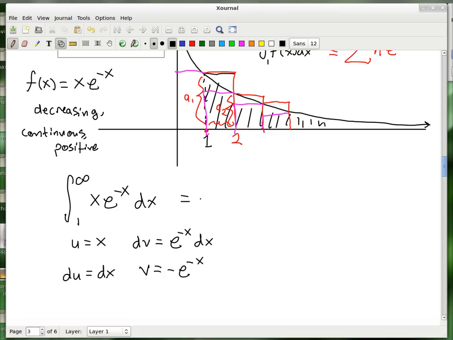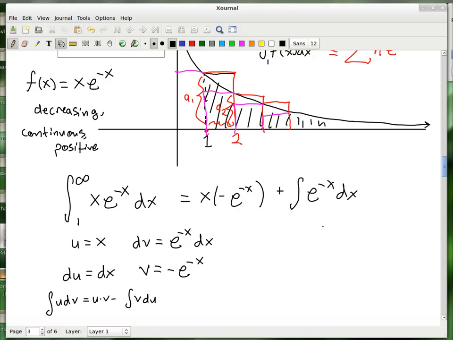Alright, so using the integration by parts formula, which is the integral of u dv equals u times v minus the integral of v du. Okay, so plugging everything in here, this is x times minus e to the minus x. And what else? So now I've got minus becomes a plus, the integral of e to the minus x dx.